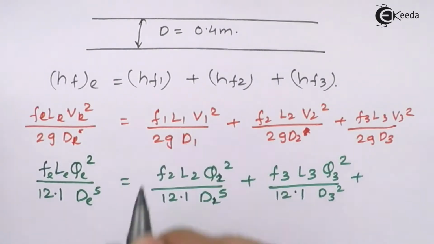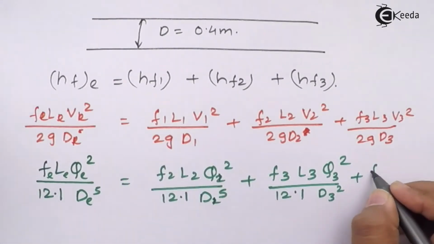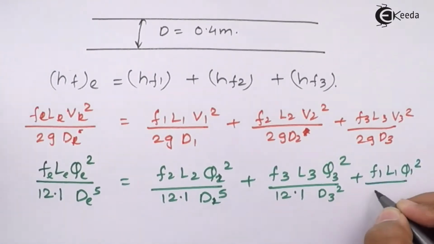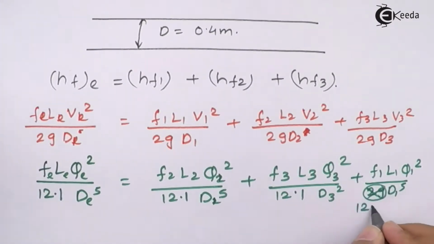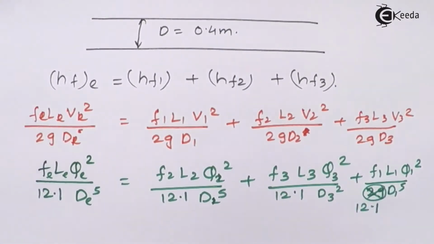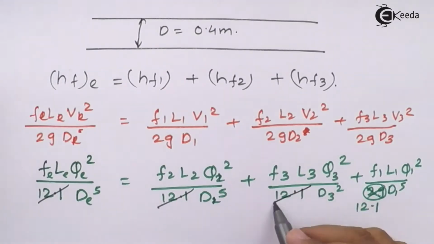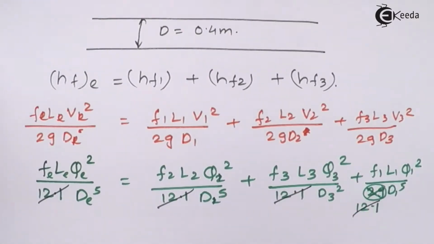We have not considered F1, so let us consider it now. F1 L1 Q1 square upon 12.1 D1 raised to 5, not 2G over here. This will be 12.1. Now over here the things which we know, that is this part 12.1, 12.1, 12.1 and 12.1 will go away.